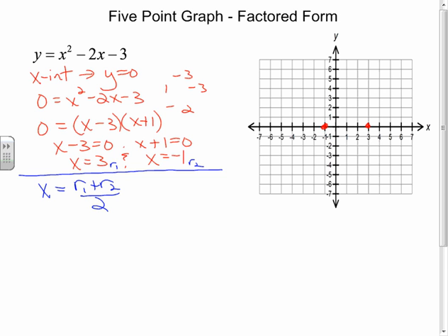This is r2, the second root that I found in the previous step. Again, the axis of symmetry is going to be a vertical line, so it makes sense it's of the form x equals some number, so that its graph is a vertical line. So I'm going to get 3 plus negative 1 over 2 equals 2 over 2 equals 1.